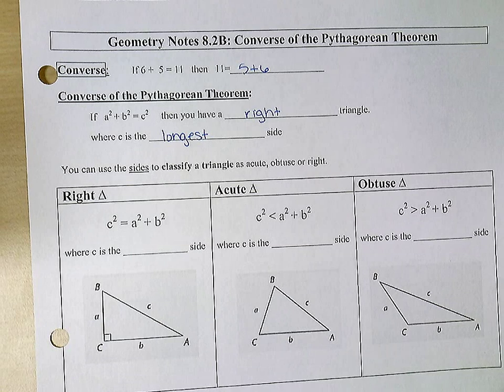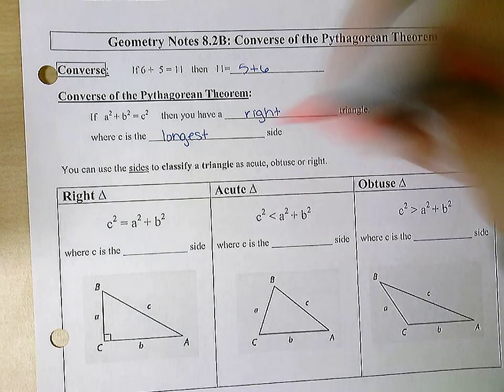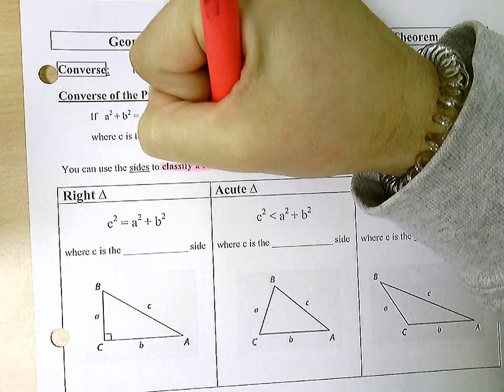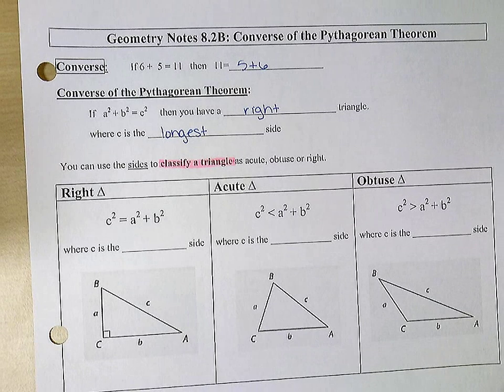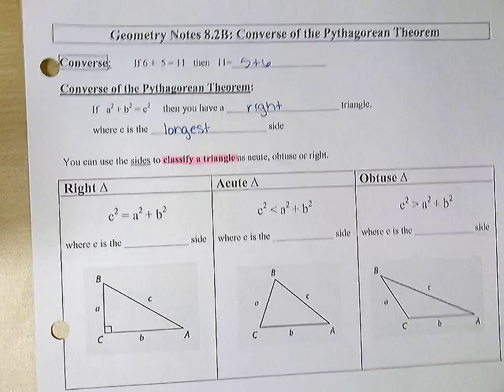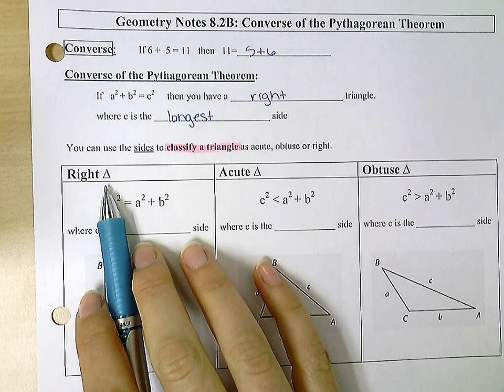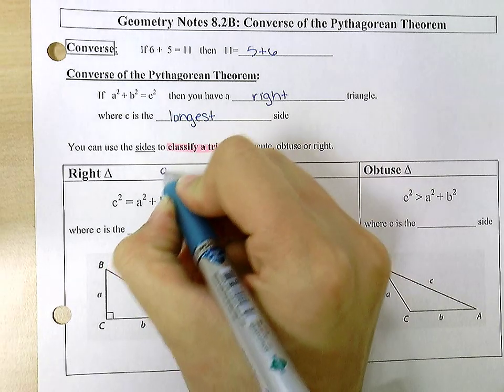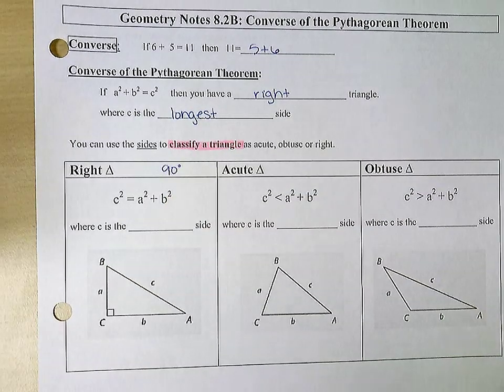So we can use the sides of a triangle to classify it. Okay, so we are going to be classifying triangles today. So our different classifications for a triangle are right triangle. Okay, you have one 90-degree angle in a right triangle.